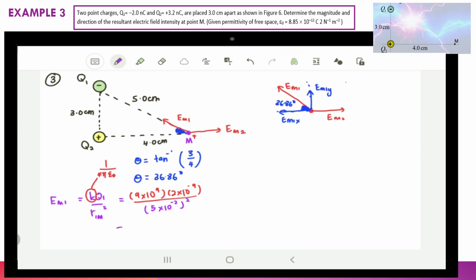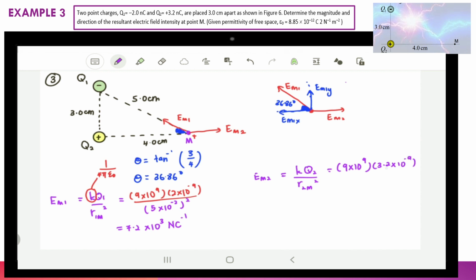And then EM1 is equal to 7.2 exponent 3 Newton per coulomb. And how about the electric field for the second charge EM2? It's equal to KQ2 over R2M squared, and K is 9 exponent 9. And we have the charge of Q2 is 3.2 nanocoulomb.